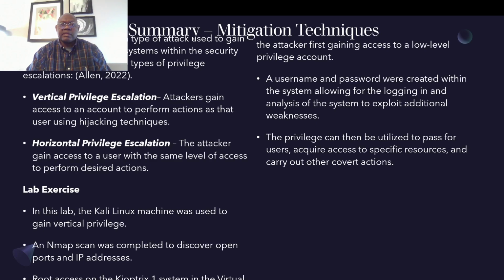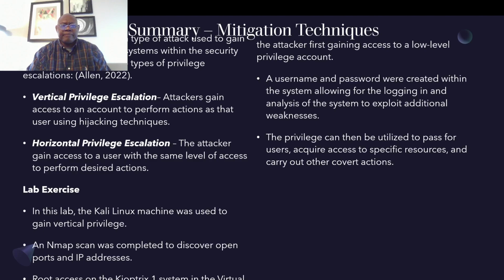In vertical privilege escalation, attackers gain access to an account to perform actions as that user using hijacking techniques. In horizontal privilege escalation, the attacker gains access to a user with the same level of access to perform desired actions.